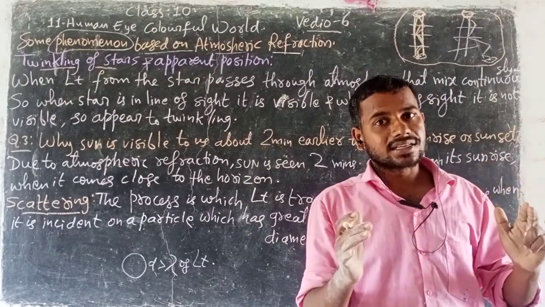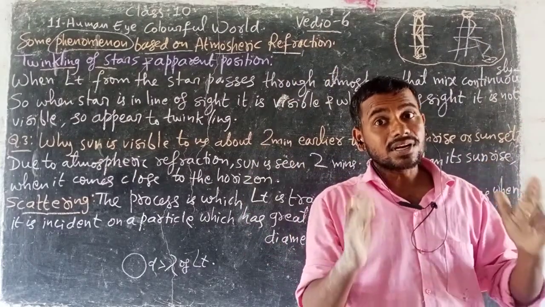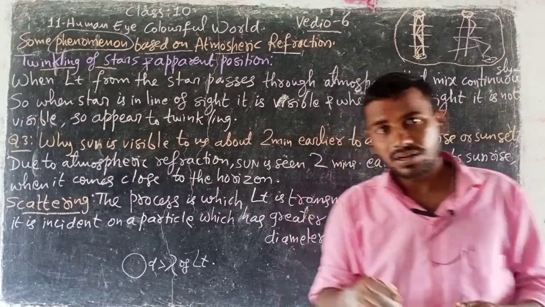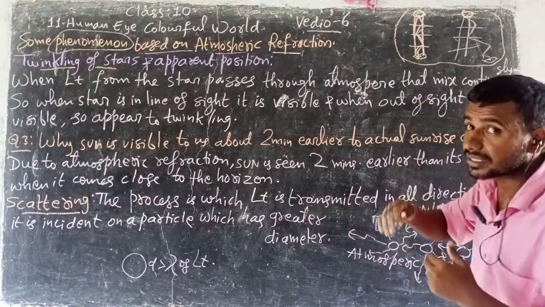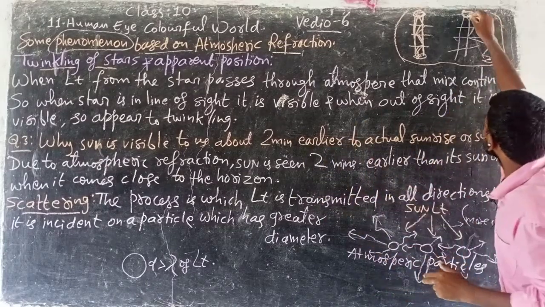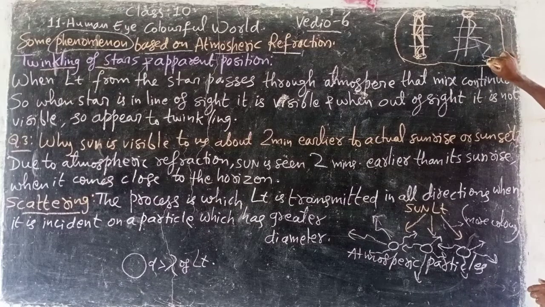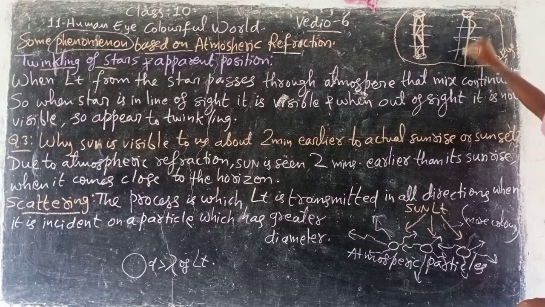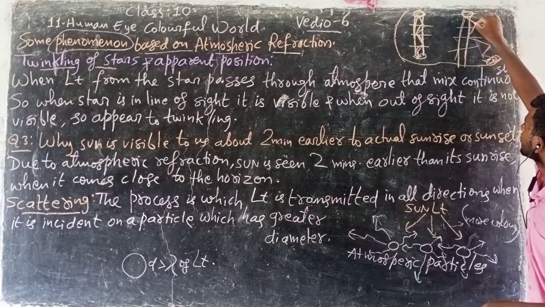In that line, when you are looking at the star, then the star cannot twinkle. But when you are looking not along the line of sight, look here, for example, the star is here, I am here.